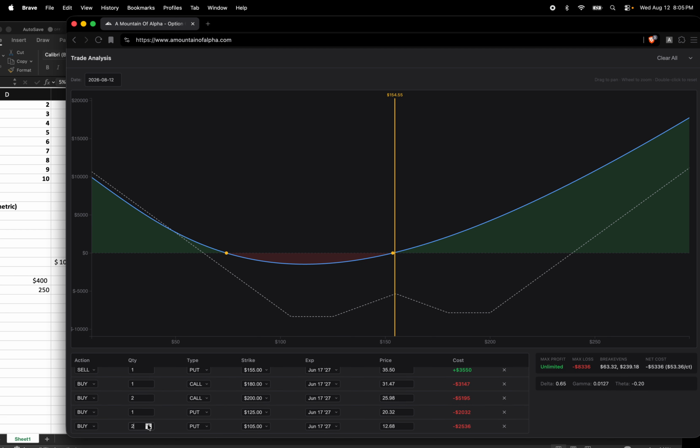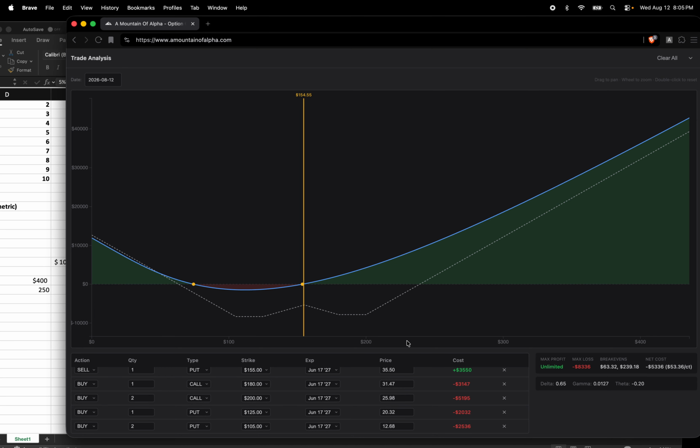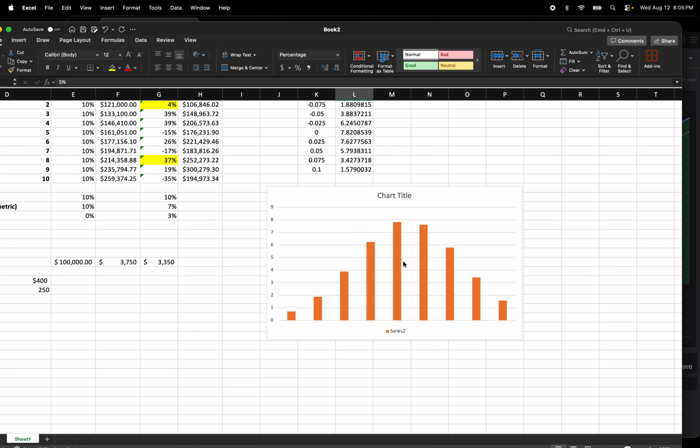And then 2. So you could see this convexity here in the profile, right? This is today, and then the dotted line is at expiration. The idea here is that you're inverting the distribution, where it says, I don't want to make any money in here, but I want to make a lot of money over here.